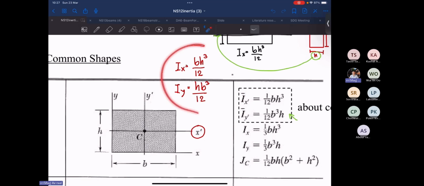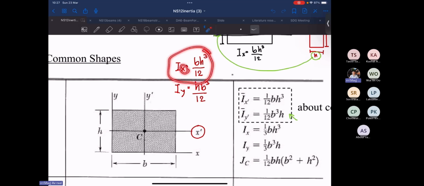I already gave you this. I cannot remember, but I think I already gave you this formula. I present this formula in our exam. But please be careful that this one is not universal.